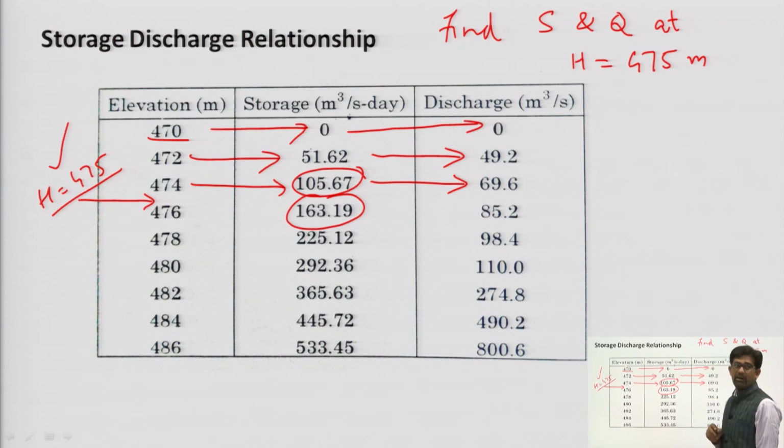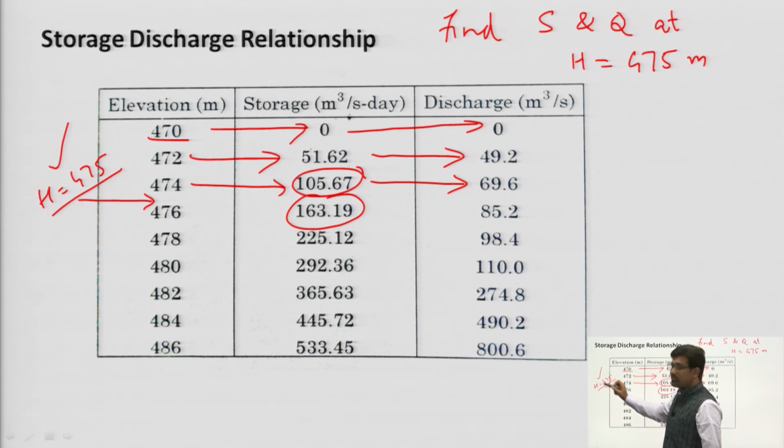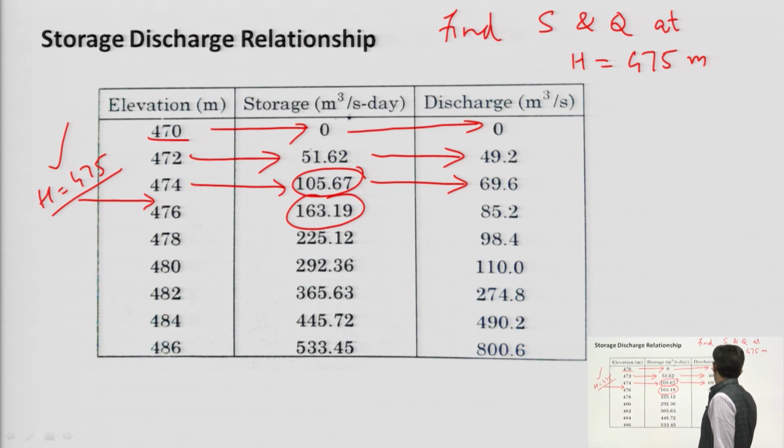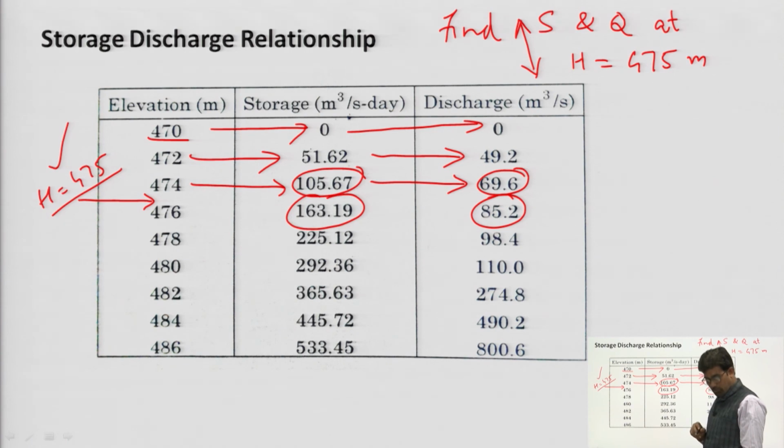This is the importance. Similarly, for the discharge at this elevation, we need to interpolate these two data. That expression will be used in the continuity equation to predict the flood hydrograph at section 2, meaning the outflow hydrograph.